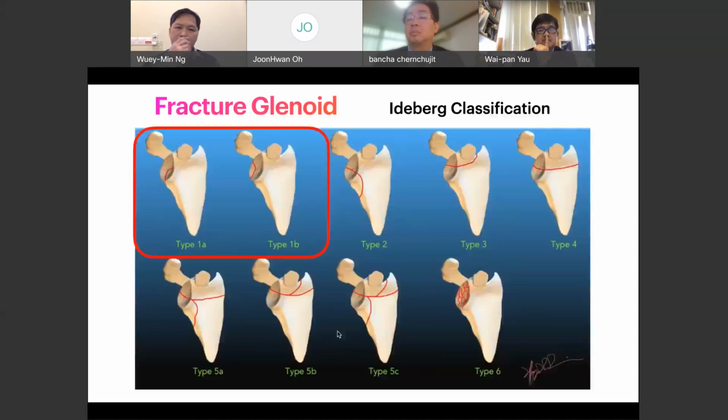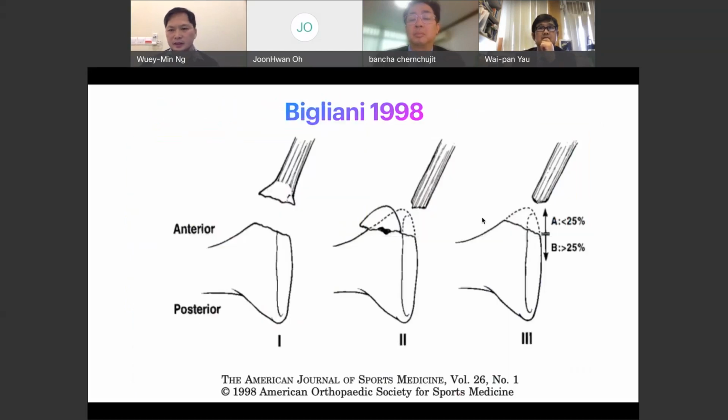The classification of glenoid fracture by Heidelberg actually includes fractures of the scapula also. What we are interested in today is mainly the fracture of the intra-articular part of the glenoid, type 1A and 1B. Gliani, in 1999, shared a very nice classification, which is used mainly for practical purposes. He divided glenoid fractures in shoulder dislocation into 3 types.